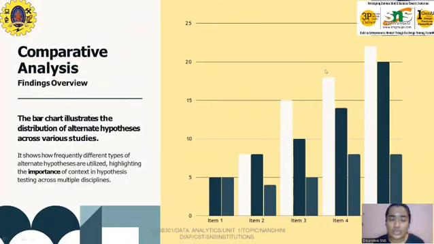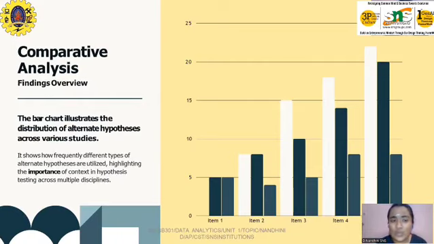So next one is comparative analysis. What is a comparative analysis? Finding overviews. That means we are comparing this analysis with the help of charts. For example, we have shown a bar chart. In this bar chart, we illustrate some values, how this item is differed or how the quality is differed.